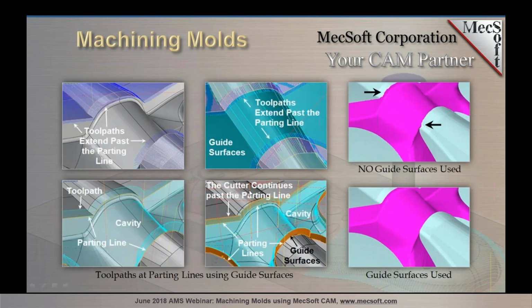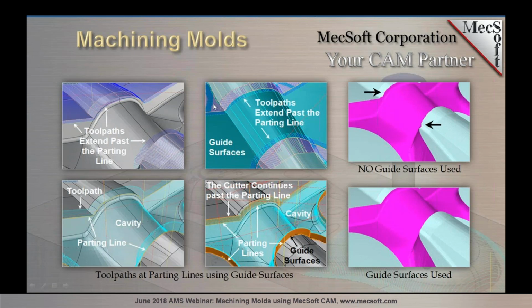So here is just another view of the cavity, and this is the same image you saw on the previous screen where the tool paths extend past the parting line. But here in this image in the middle, these are the guide surfaces that are displayed when the tool path is generated. So let me explain again what's happening here.